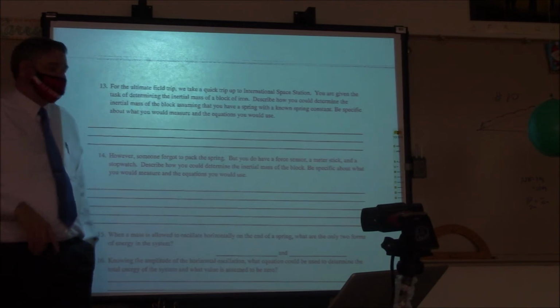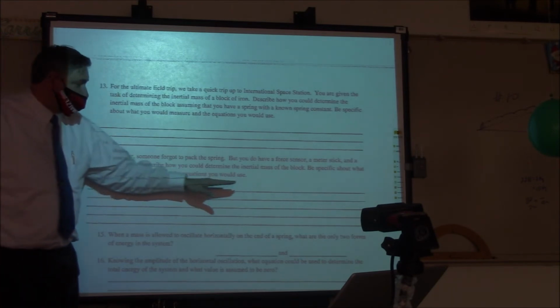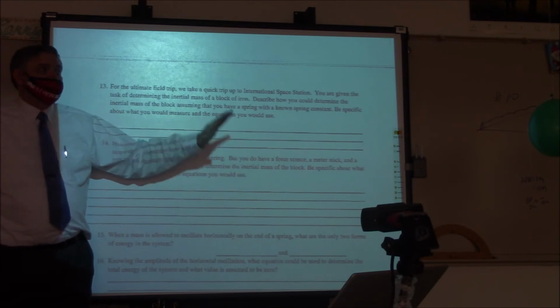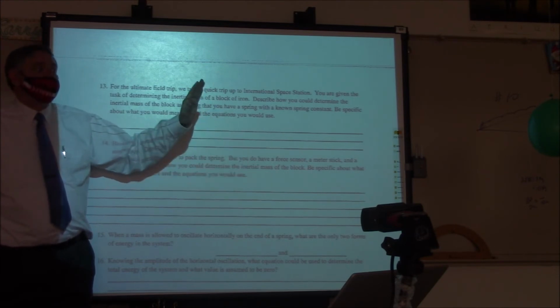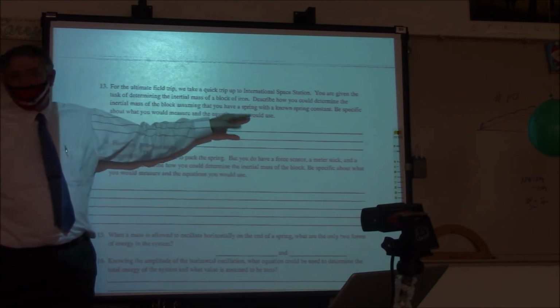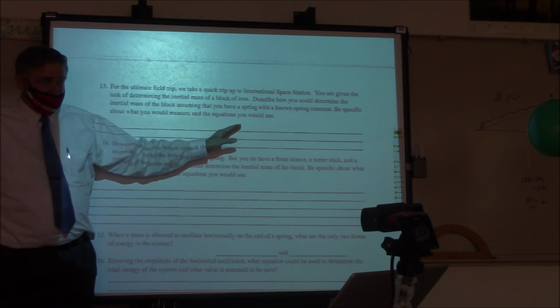Notice, I want to see the equation you would use to solve for that acceleration. Just like up here, I want to see the equation that you're going to use to determine the mass.